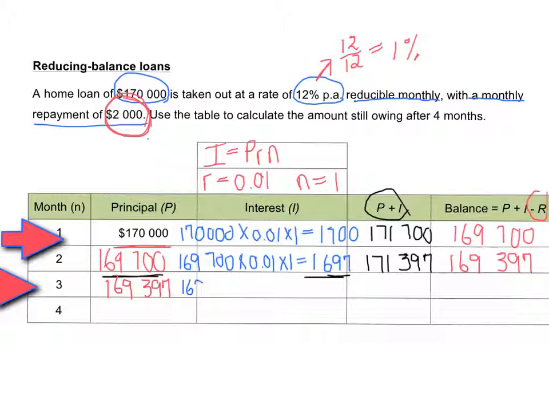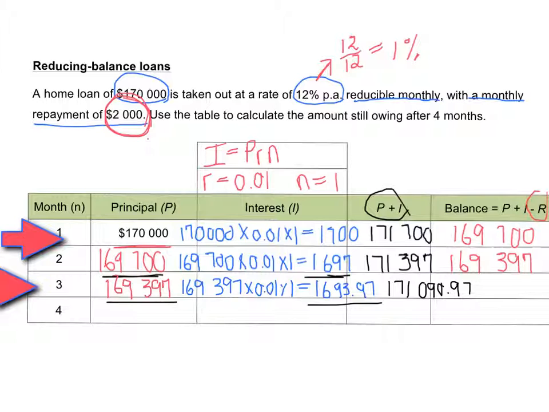Whatever is outstanding at the beginning of that month times the 1% for the 1 month gives interest for month 3 of $1,693.97. Adding the interest to the principal at the beginning of the month gives me $171,090.97.